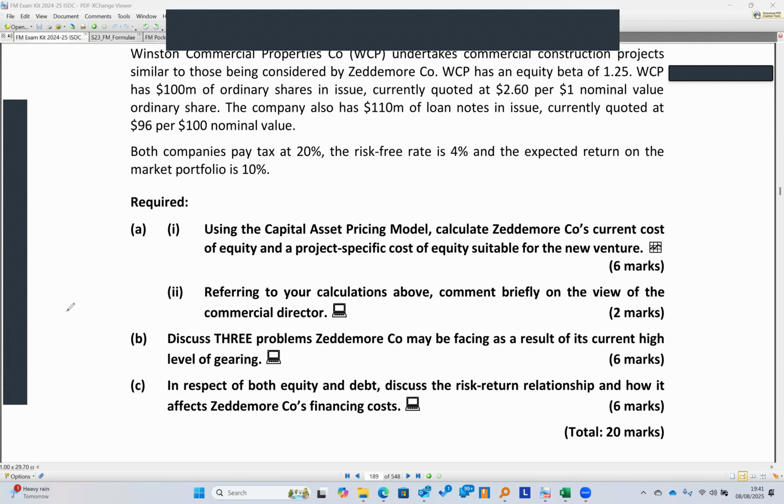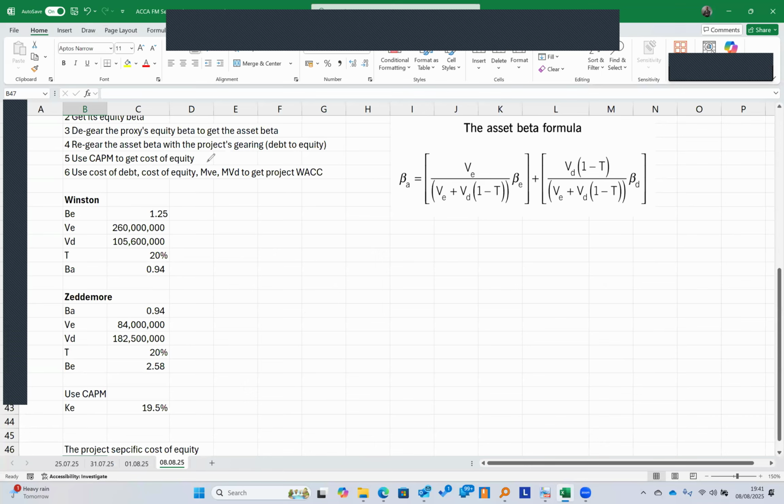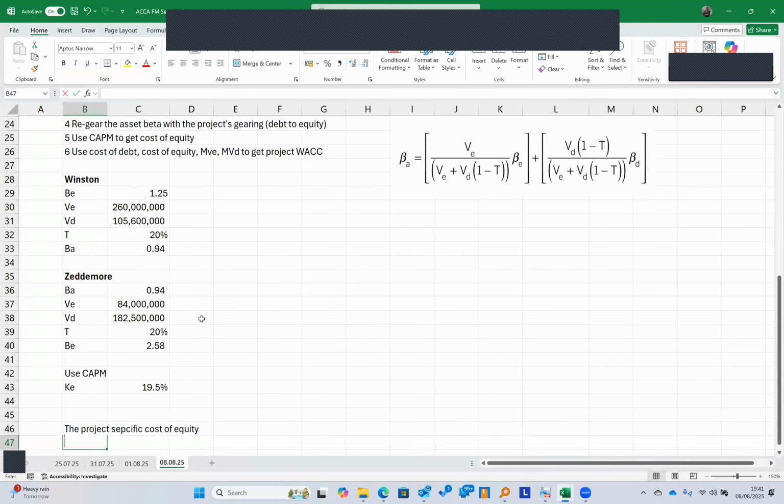That's why I didn't do these steps here. We have stopped at step 5. We haven't done step 6, because for step 6 you would have to get the cost of debt and then calculate WACC. But the question asked us to stop at cost of equity. So I hope that is clear.